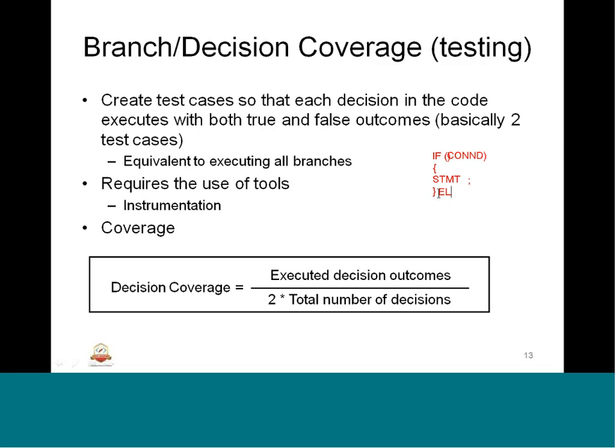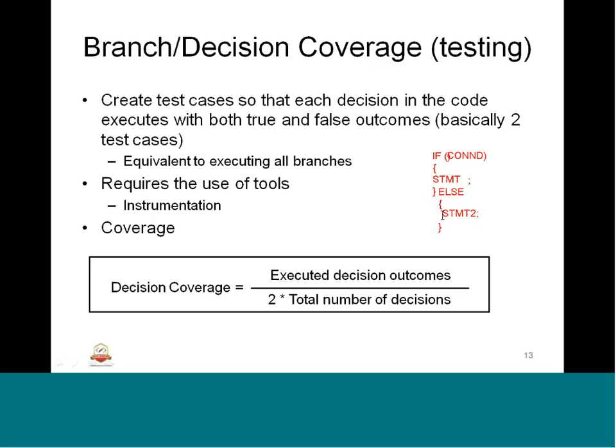So else has to be there: else do some other statement, some other execution path. So definitely we are going to have multiple paths for true as well as false. So obviously we still need a second test case with a false outcome to reach the decision coverage.